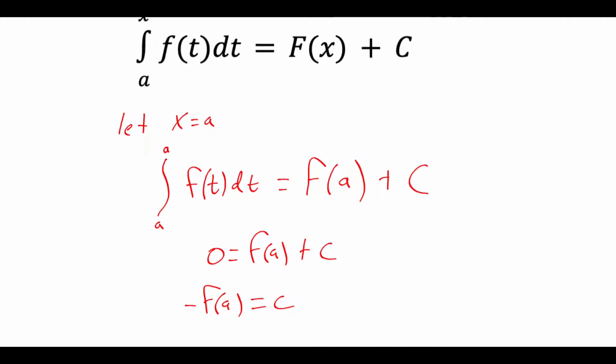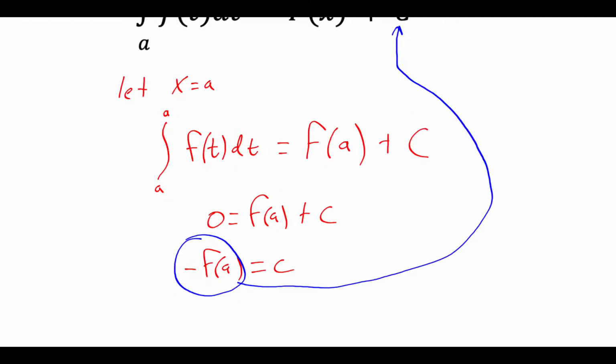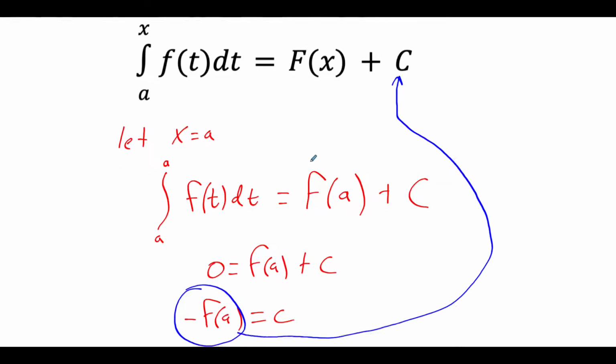So then what I can do with that is take this c value, or this negative F of a, and go all the way back up to my initial integral and plug in that value there. So then on the end here, this would say capital F of x minus capital F of a.